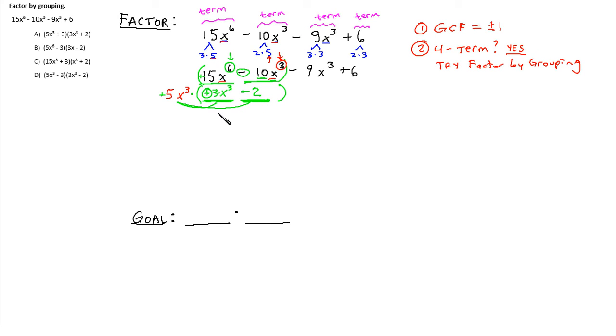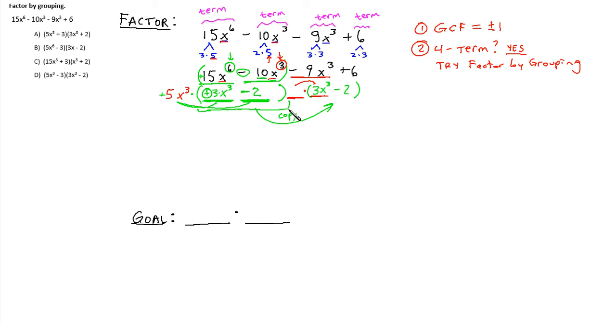Okay, next thing. I teach my students to take this first binomial and copy it. Just copy it right underneath the last 2 terms that we're trying to make come back. 3x to the third minus 2. We're copying this remaining polynomial right underneath the last 2 terms, and we're going to analyze what would we need to put in this blank, so that this times this makes this come back right above it.